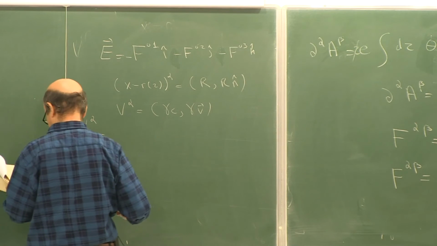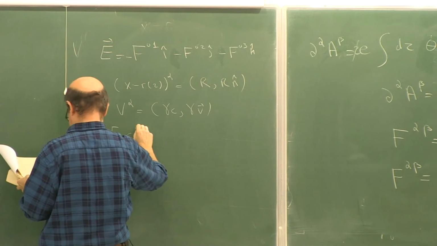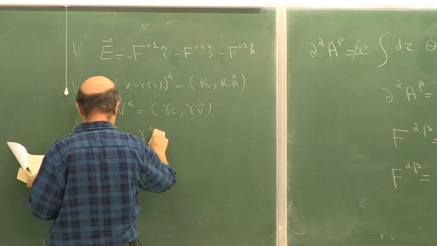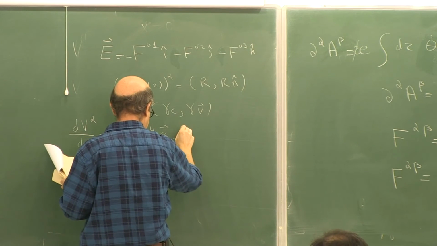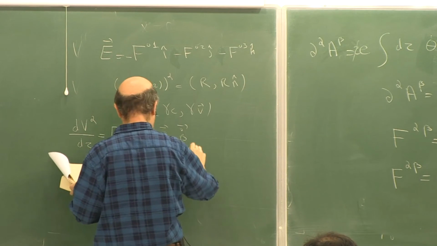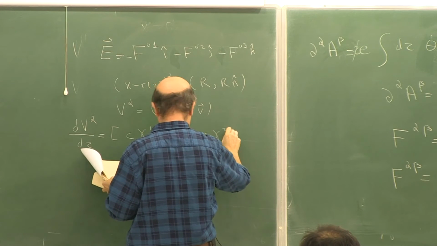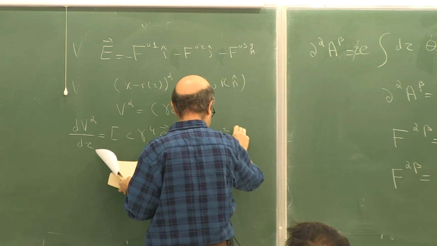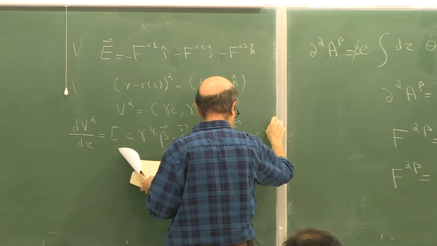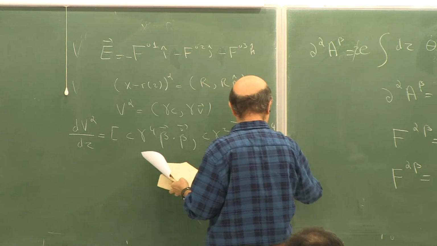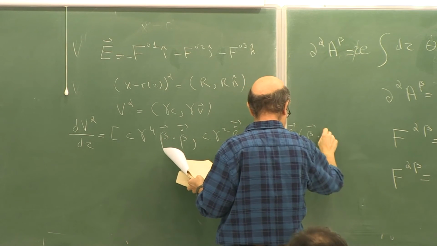Well, the derivative of the four velocities with respect to the proper time is c times gamma to the 4 beta dot for the time coordinate. For the space coordinate, c gamma square beta dot plus c gamma to the 4 beta dot times beta.